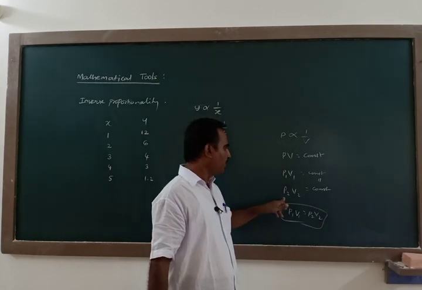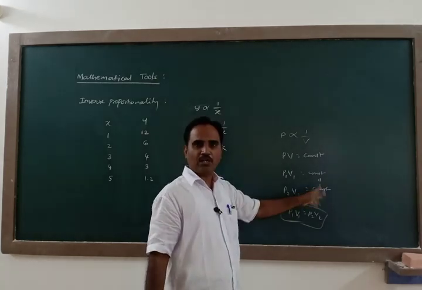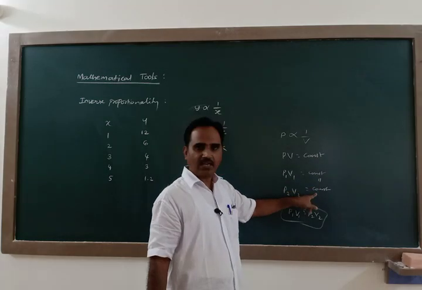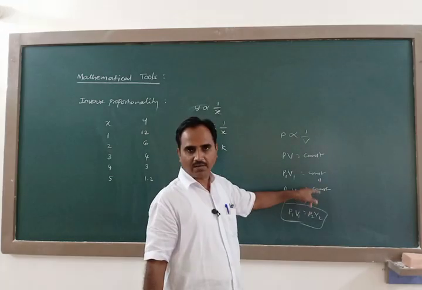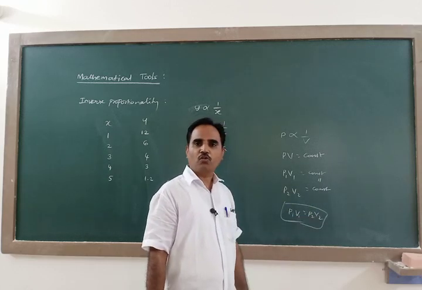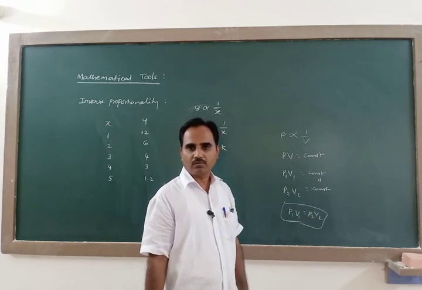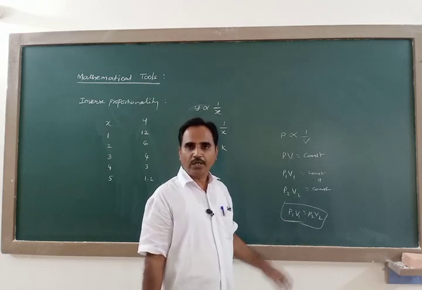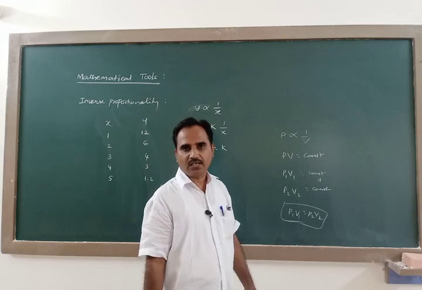At another pressure P2, V2 is the volume, so P2V2 is also a constant. Since this constant is the same for a given gas, these two can be equated like this. P1V1 = P2V2. So while solving numerical problems, you need to use these types of equations to get the solutions.